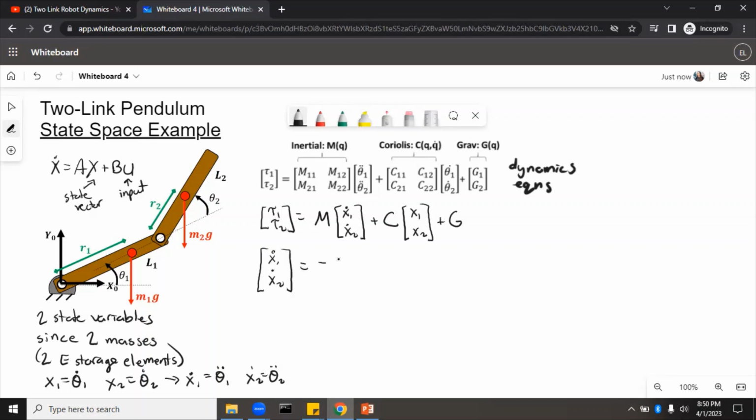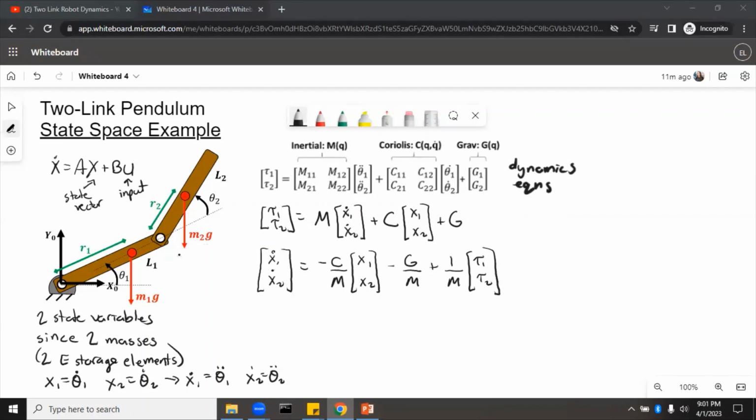So we'll have minus C over M times x1, x2, minus G over M, plus 1 over M times tau 1, tau 2.